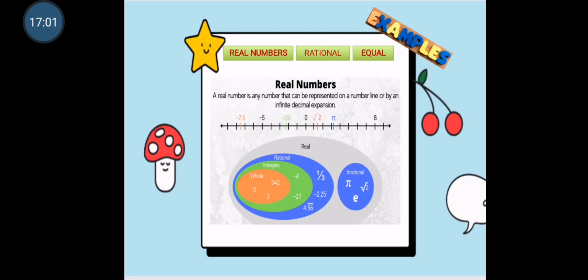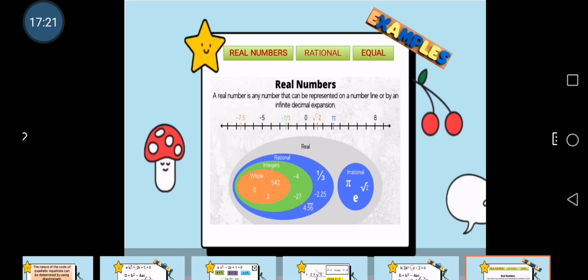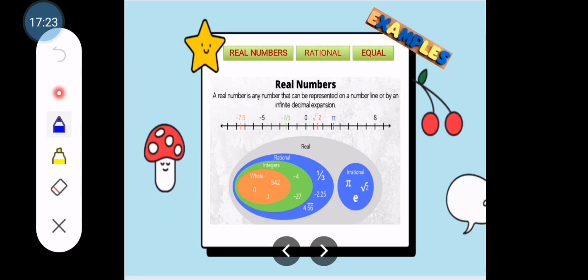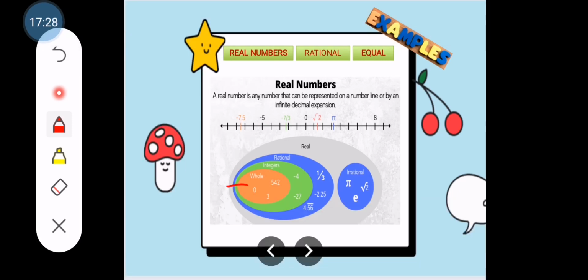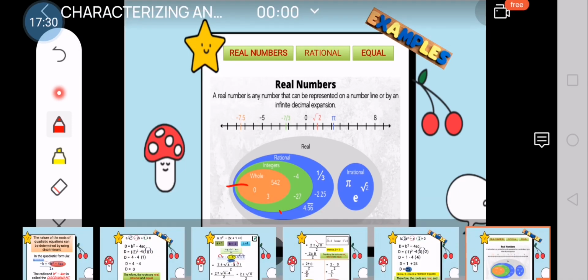So, ibig sabihin, pwede natin siyang malocate exactly or approximately within the number line. So, pero, ang real numbers po ay included yung rational and irrational. Ang pagkakaiba lang ng rational sa irrational, ang rational po ay kasama yung whole numbers, pwede ang integers, included ang negative and positive. So, ito yung whole, ito yung integers na may negative.